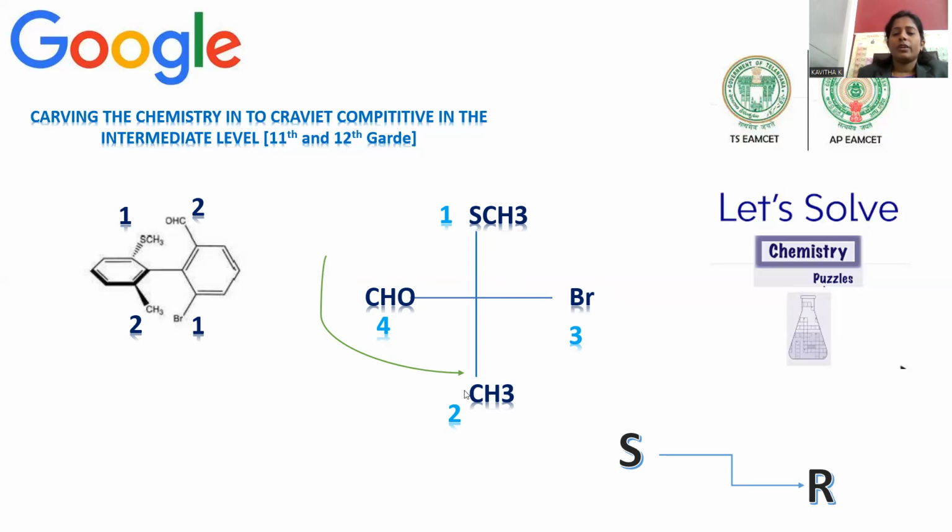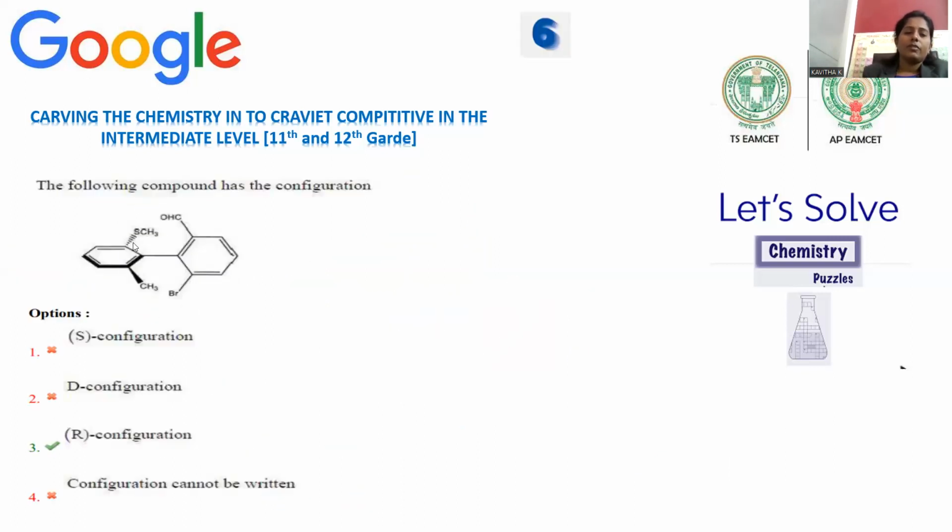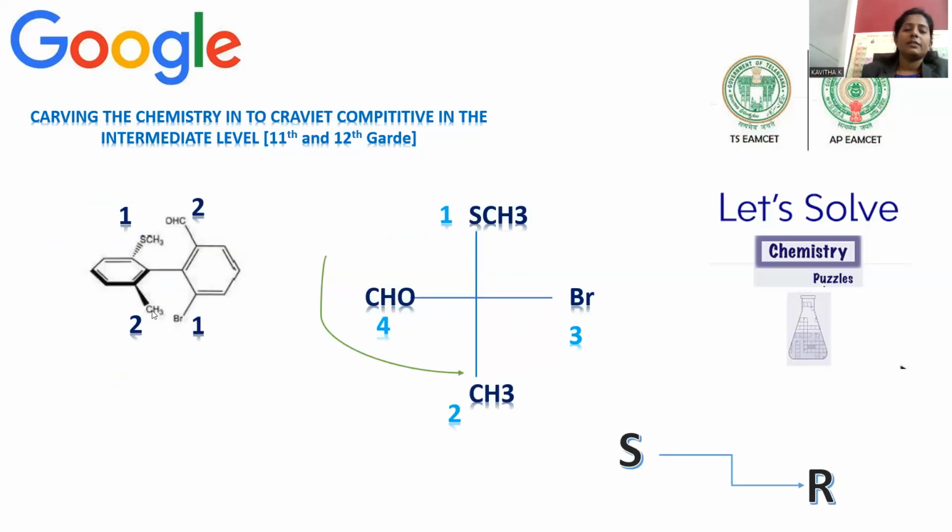1 to 2, if you are moving again, it is S, it looks like anti-clockwise rotation only. Whenever anti-clockwise rotation is there, you have to assign S, but here is the trick, here is the logic. What you can notice is SCH3 is inclined towards the backside. Here is the dotted line bond. Dotted line bond indicates it is in the backside.